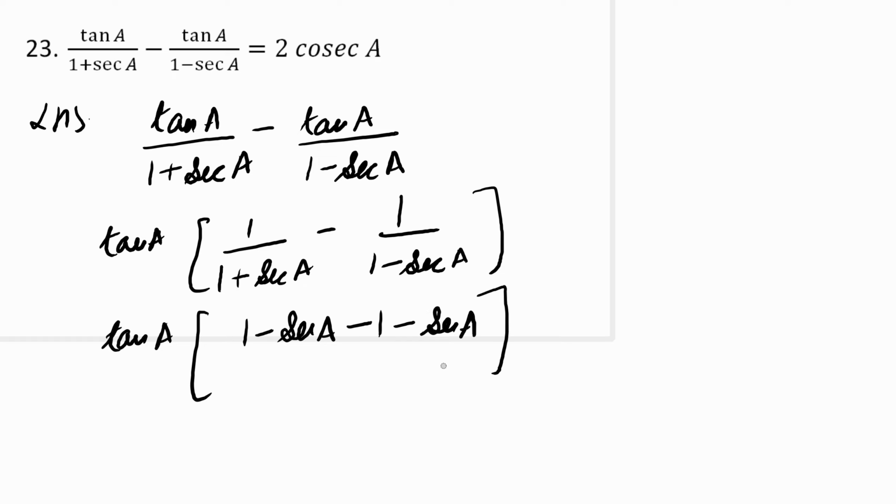What will happen is 1 minus sec square A in the denominator.